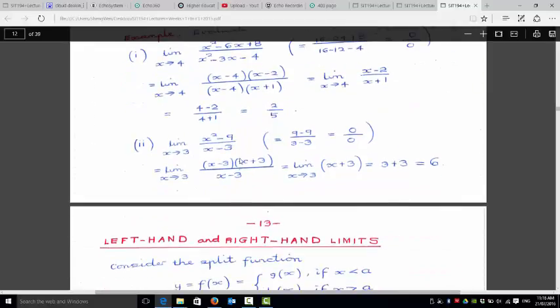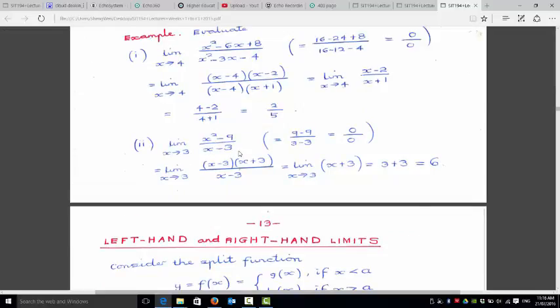Secondly, we have the limit of x squared minus 9 over x minus 3 where x approaches 3. Here x approaches 3 means it won't be equal to 3.